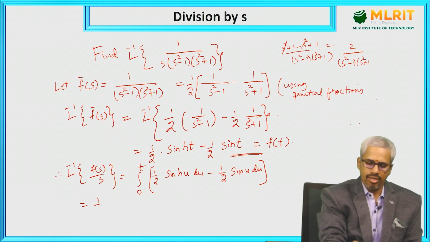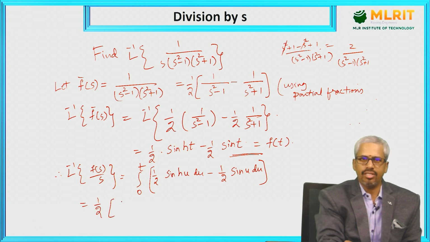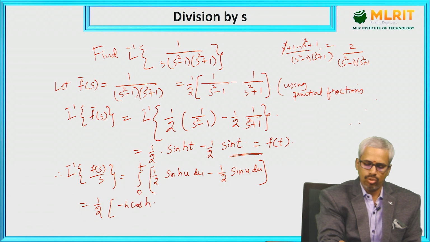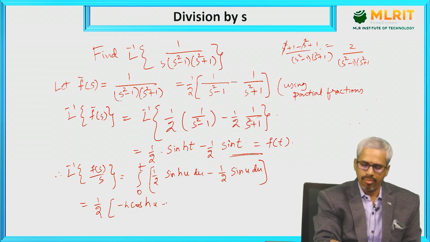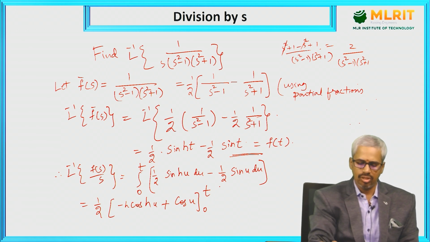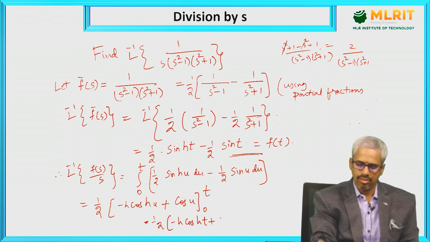So this can be written as sinh u integration is cosh u, minus, already sin integration minus, so minus of minus plus, sin u integration is cos u, between the limits 0 to t. So if you substitute the limits 0 and t, this is 1 by 2 into (cosh t plus cos t).